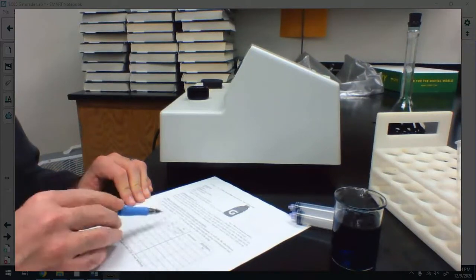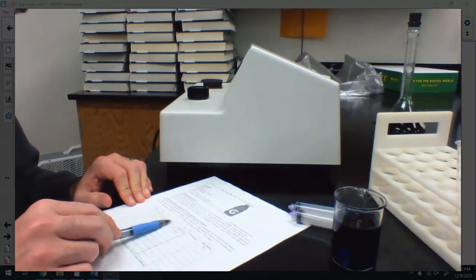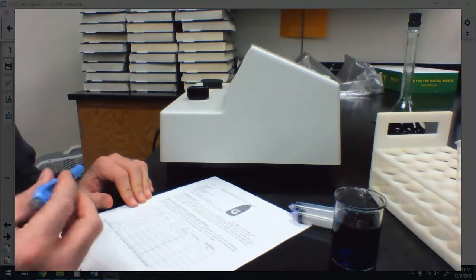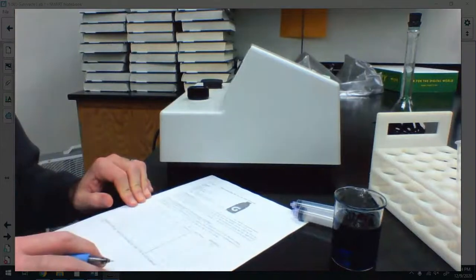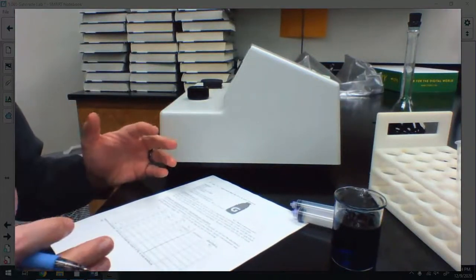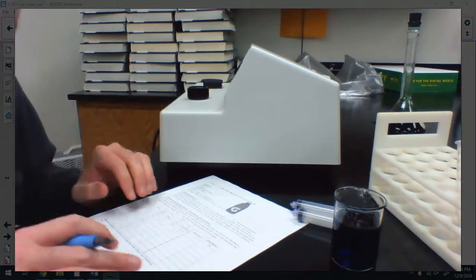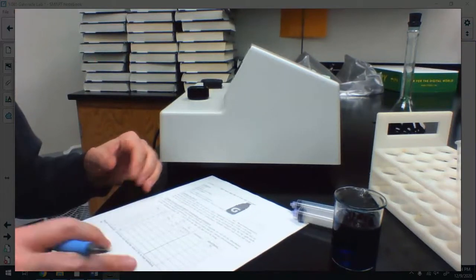Now, the next two columns, I have V subscript H2O, and V subscript 2. V2 is going to be the total volume for all of these solutions. So what we're doing, again, is setting up different molarities of blue dye, and we're testing them. We're then going to graph those different molarities to get a nice relationship of Beer-Lambert law.